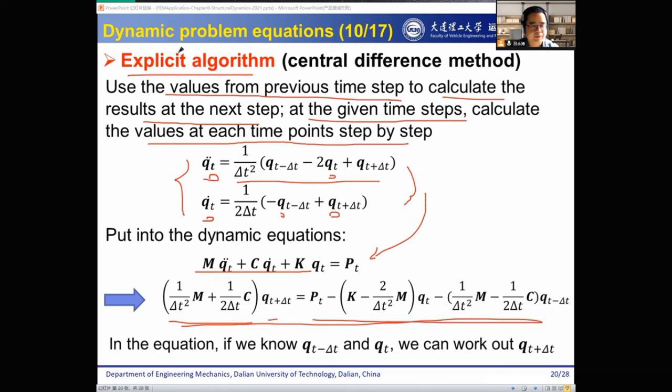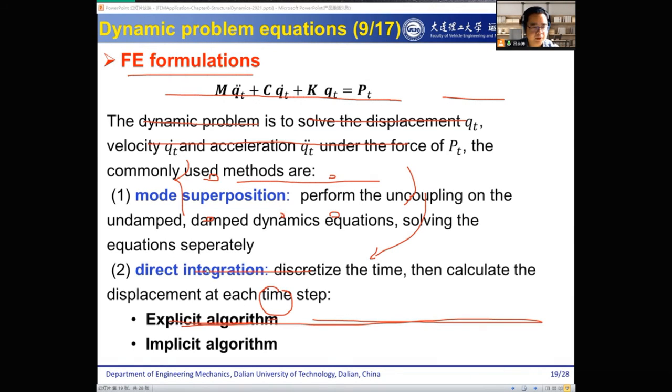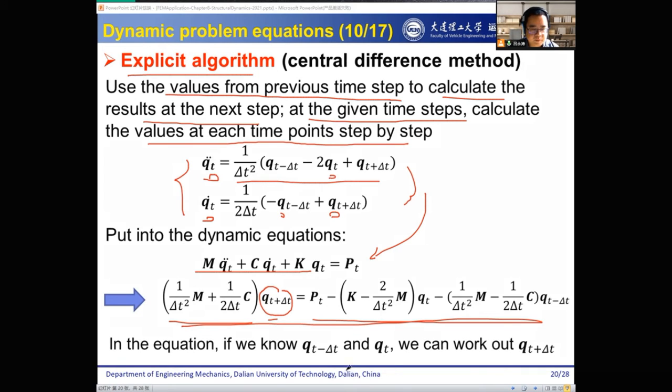For the dynamic problem, our aim is to calculate the displacement, and we are using the integration method as we showed in the previous slide. For the integration method, we calculate the displacement step by step, at each time step.